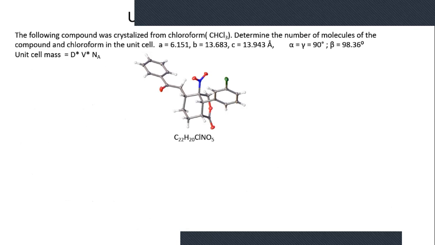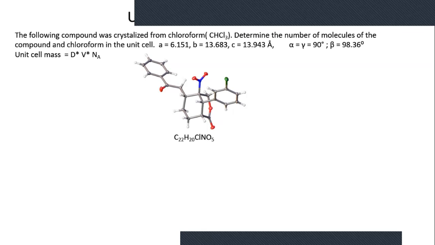Maybe you grow a crystal and solvent is found in the lattice, so it co-crystallizes with it. We want to determine the number of molecules of the compound and the chloroform in the unit cell. It gives us the cell lengths, the cell angles, and says the unit cell mass is equal to the density times the volume times Avogadro's number.